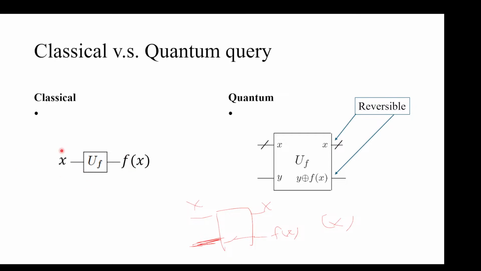The classical oracle is maybe more intuitive: you put x inside, you get f of x outside. But for the quantum oracle, you want it reversible, so you need to keep this x as output, and you need to have one input line here.